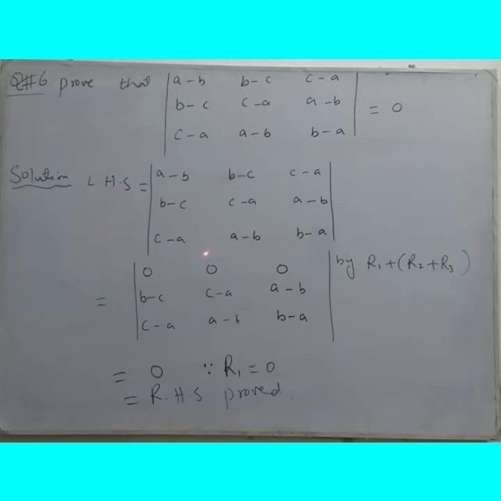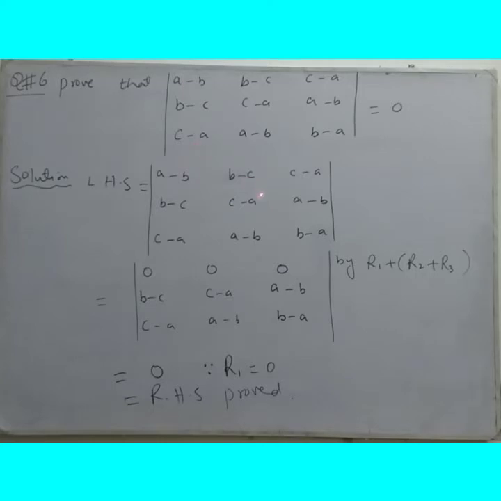So here we will add the sum of these two rows in the first by using R1 plus R2 plus R3. Means first we will sum these two rows, then add with row 1. So when we add a minus b plus b minus c plus c minus a, we will get 0, because a minus a cancels out, minus b plus b cancels out, minus c plus c cancels out.